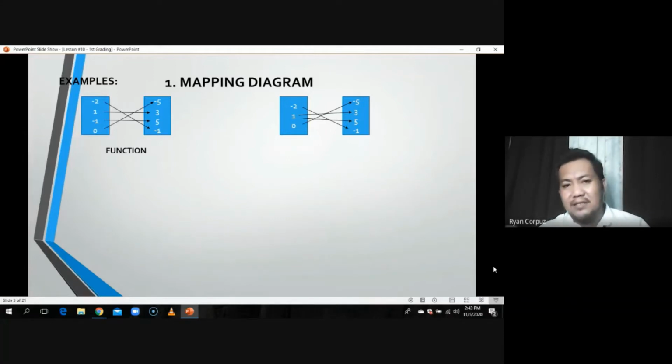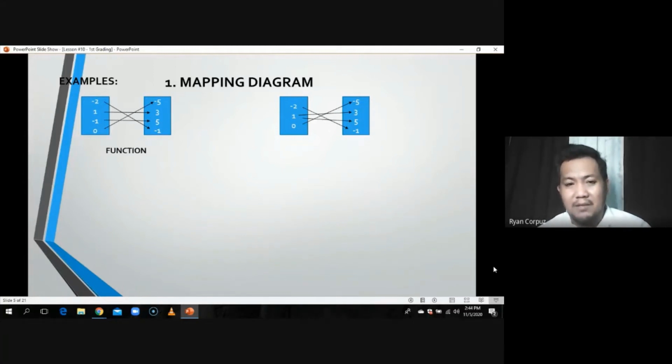While on the right side, the mapping diagram, as you can see, has only three elements in the domain and four elements in the range. Since there are only three elements in the domain, one element there is paired to another element in the range, because otherwise an element in the range would have no partner. So in that case, we apply the many-to-one correspondence, or one-to-many correspondence rather.